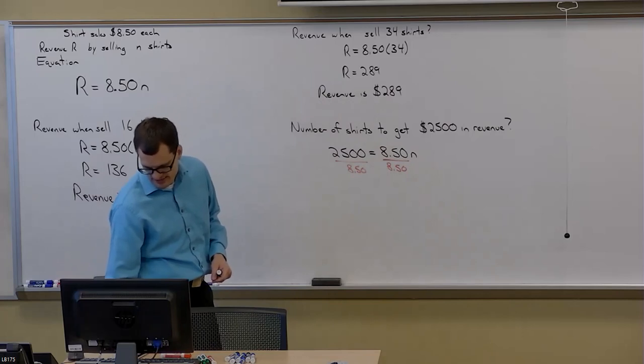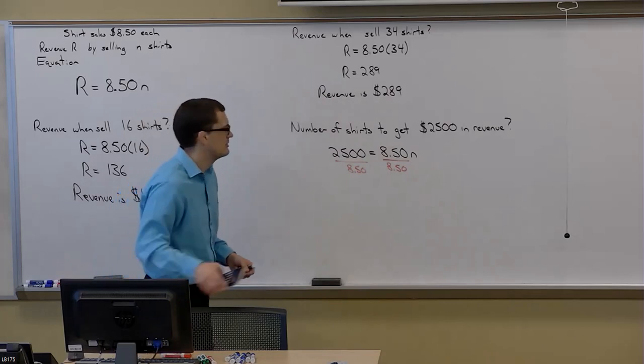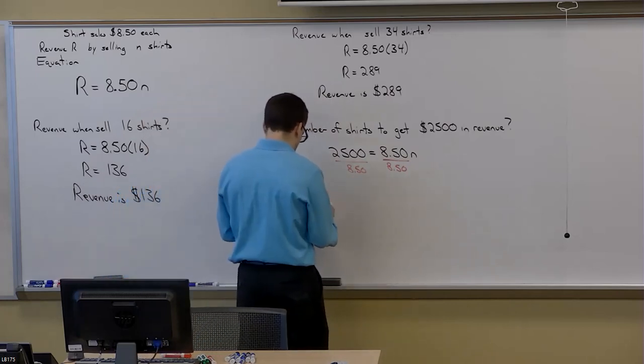When you take 2,500 and divide it by 850, you end up with a weird decimal.